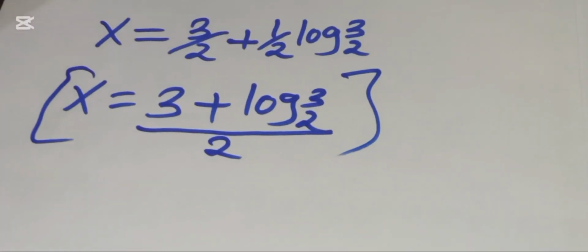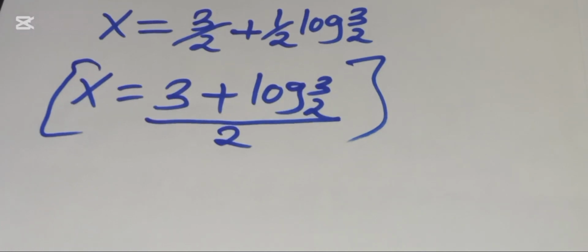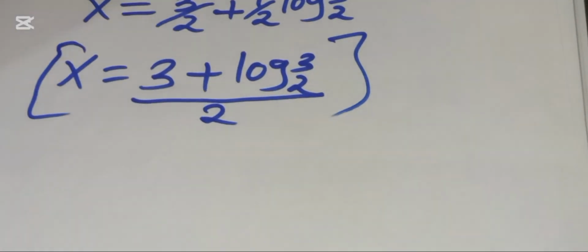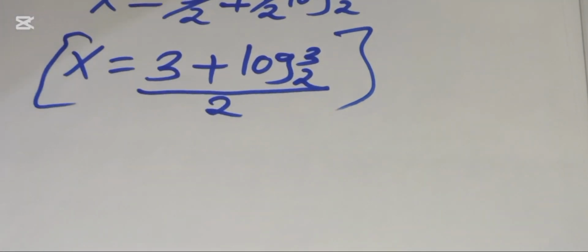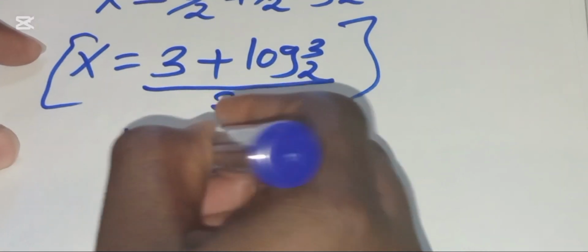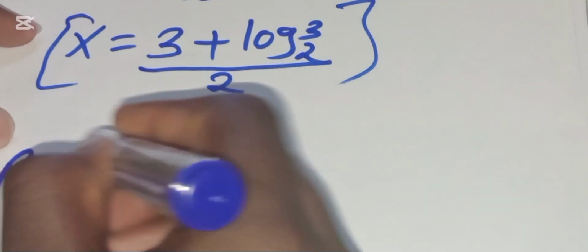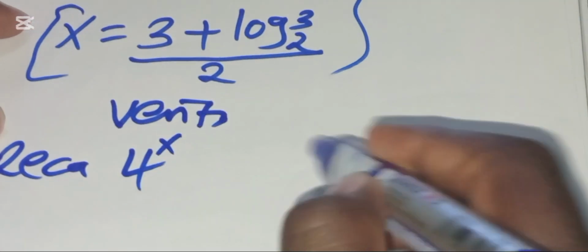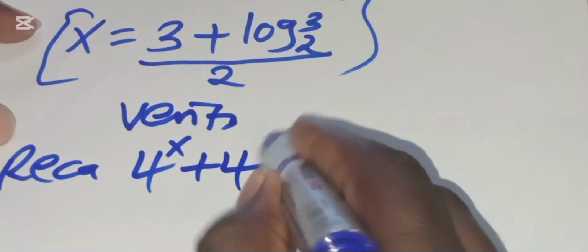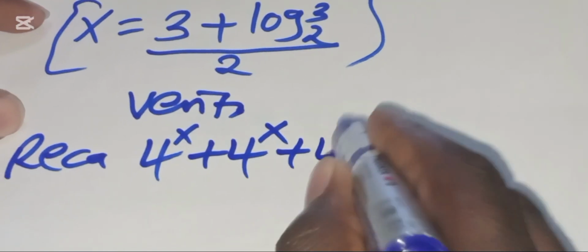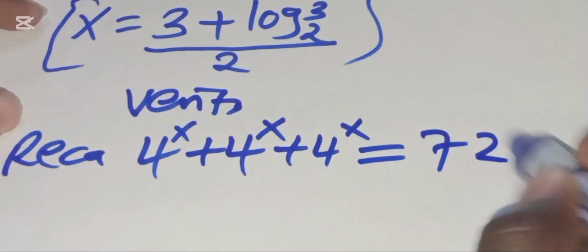Now let's verify that this value of x actually satisfies the equation. If you recall, 4 raised to power x plus 4 to power x plus 4 to power x should give us a value of 72.